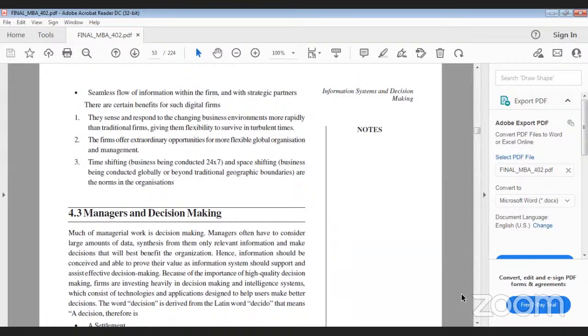Firms are investing heavily in decision making and intelligent systems, with concepts, technologies, and applications designed to help users make better decisions.